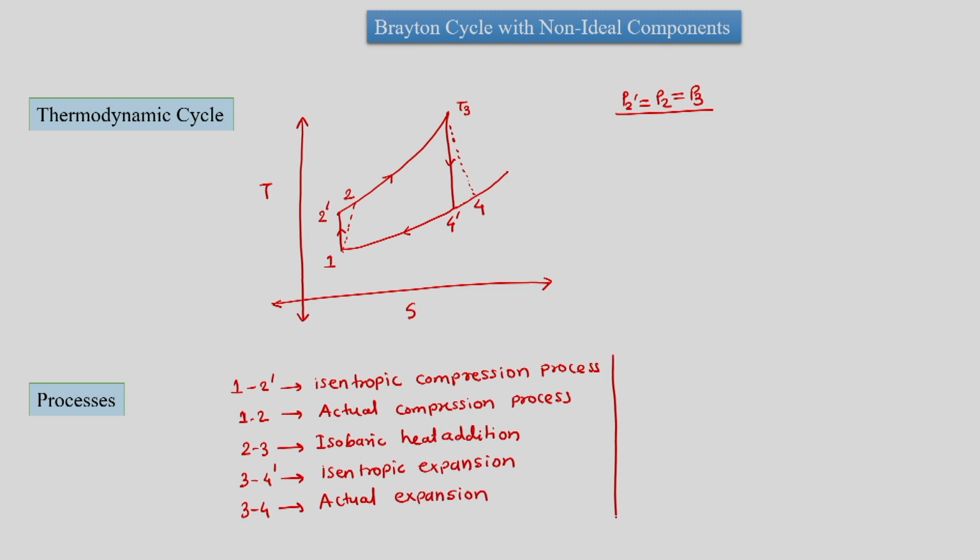Then 4 to 1 is again isobaric heat rejection, and this also is an ideal process for us. So this is how we have the thermodynamic cycle for the processes of compression and expansion if they are non-ideal.